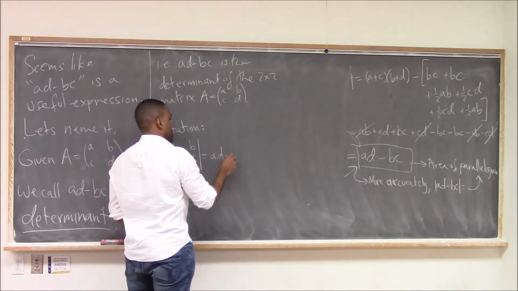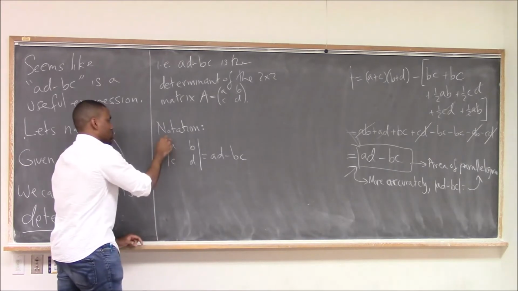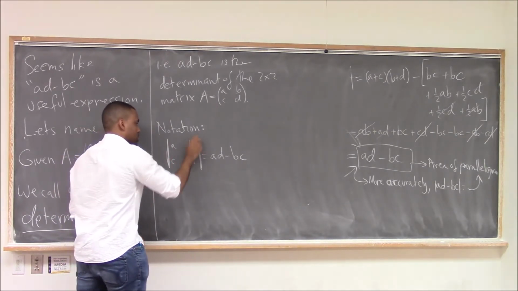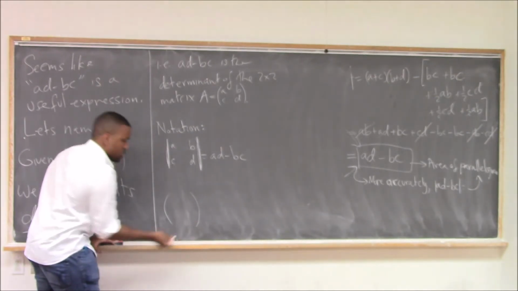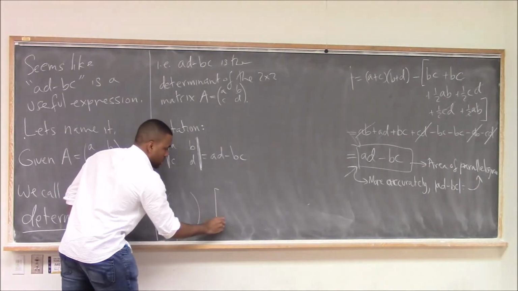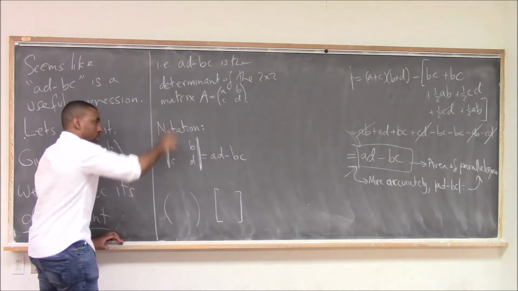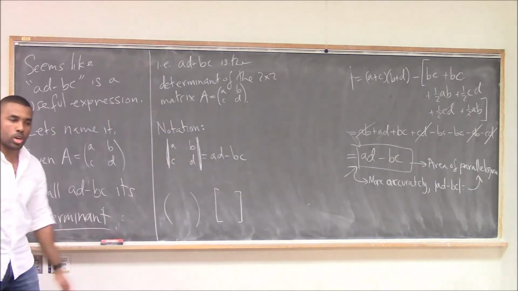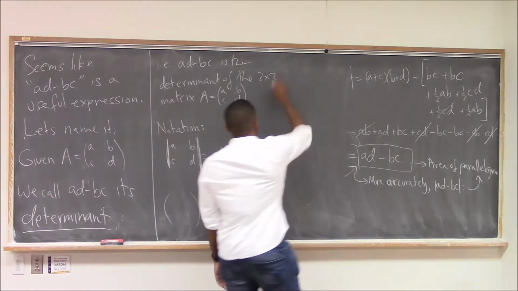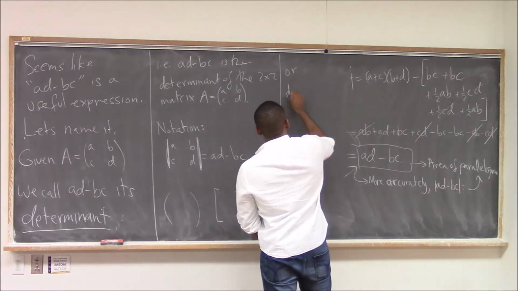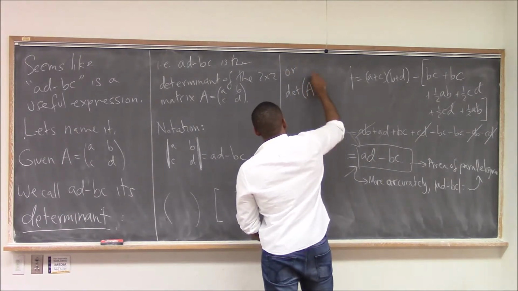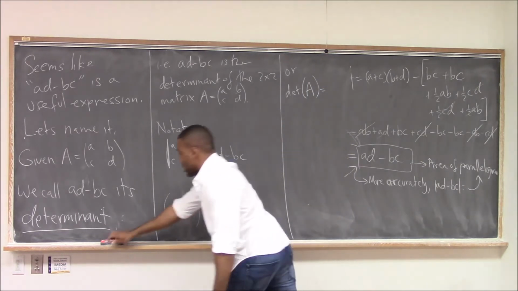I would use straight bars, right? So that's actually going to be important. When you're writing matrices, you can use large parentheses or you can use the brackets. But when you use straight line bars, you're referring to this thing we call the determinant. Or you might write det of A to mean the determinant of A.